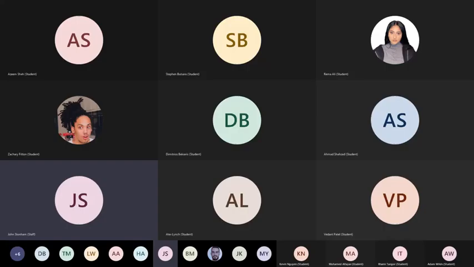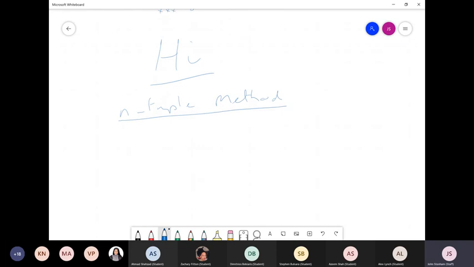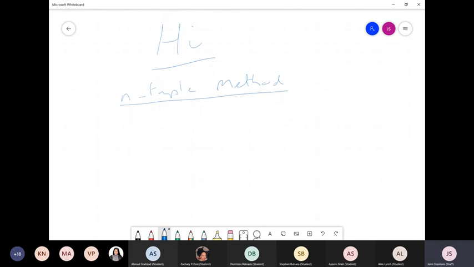Bledsoe n-tuple method. The idea of the n-tuple method was to select n pixels from an image, and this is mainly directed at visual patterns.